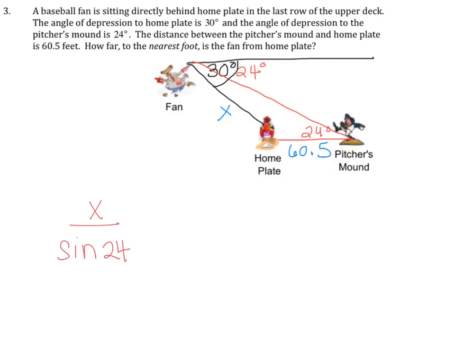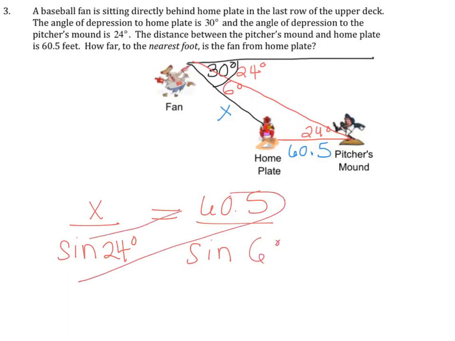So x over sine of 24 is equal to 60.5 divided by sine of, you have to subtract 24 from 30 and get 6 degrees for inside this triangle here. So sine of 6 degrees.